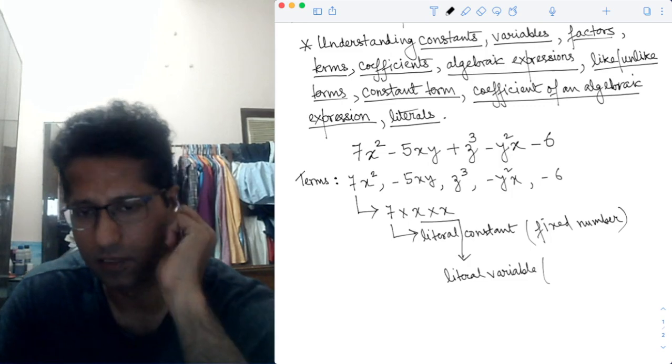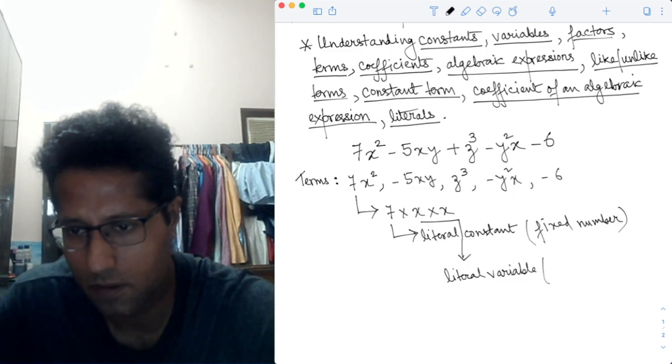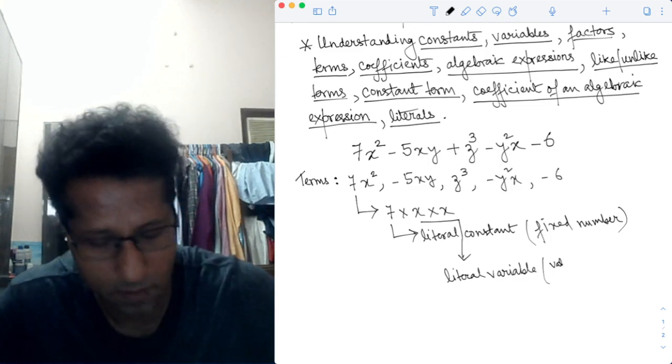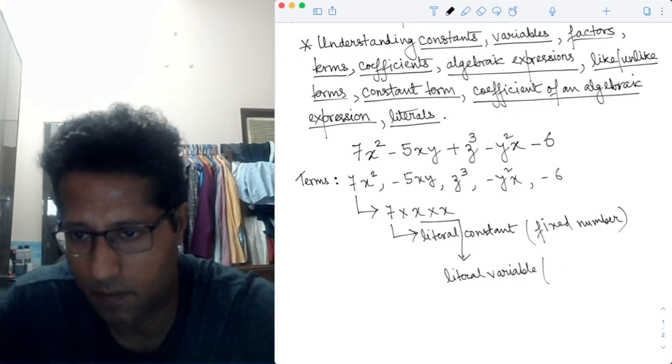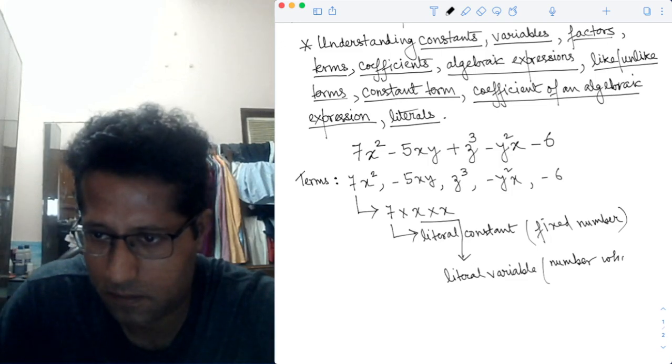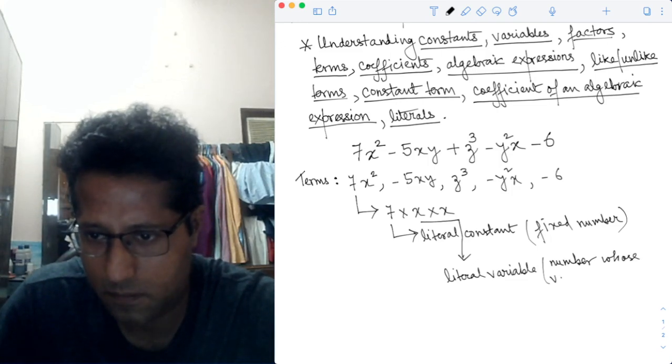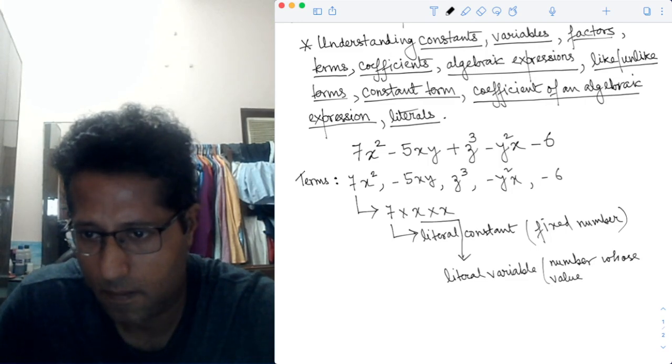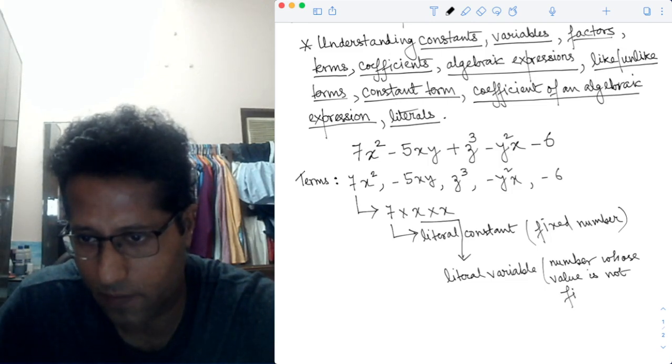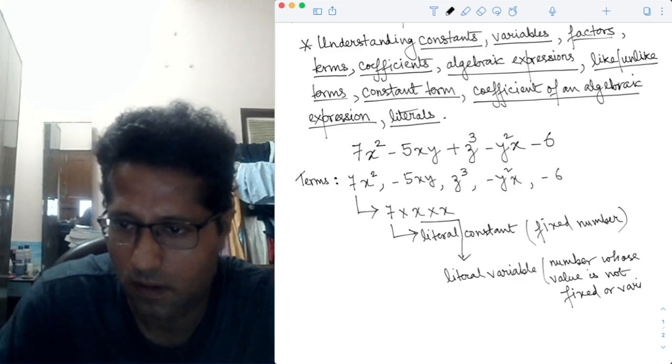Now x is a literal variable because its value, okay, it's a number whose value is not fixed, or rather it varies, is not fixed or varies.